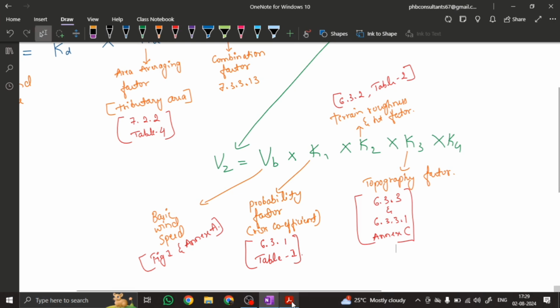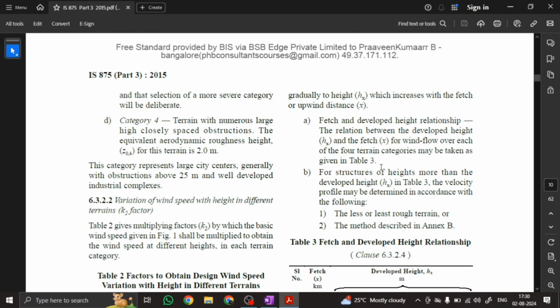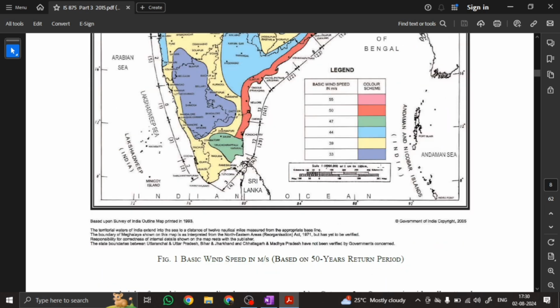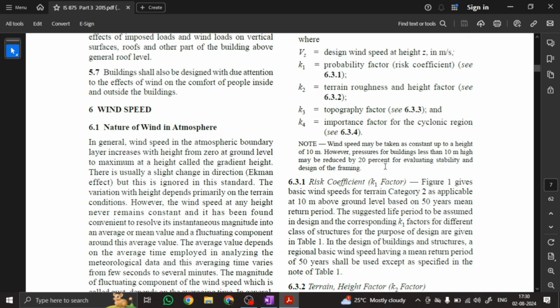Now what do you mean by K4? Importance factor for the cyclonic region.